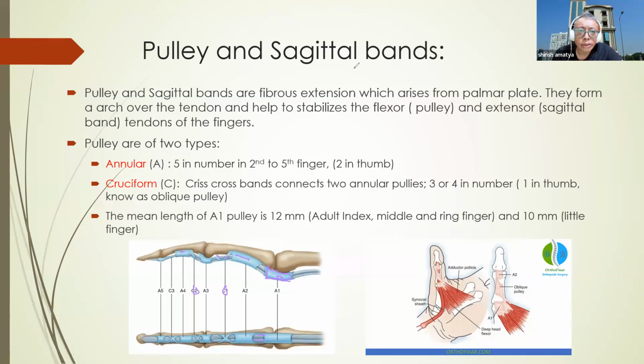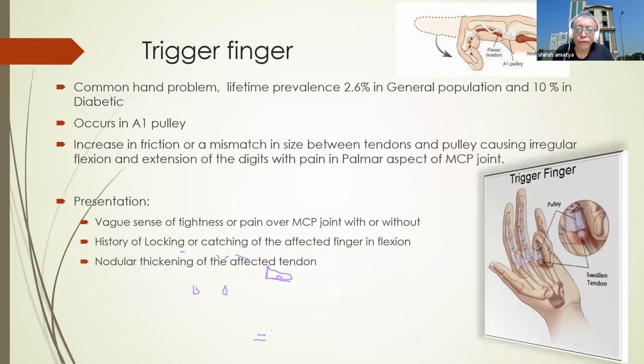Okay, I'll erase this. So, coming to trigger finger. Trigger finger is one of the most common hand problems that we encounter in everyday clinical practice, and the prevalence is quite high.